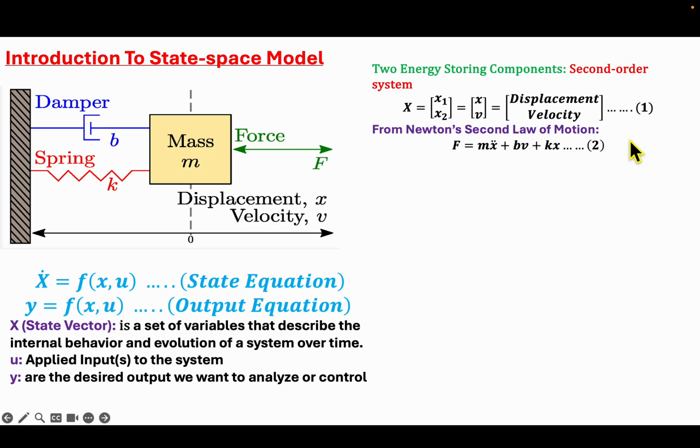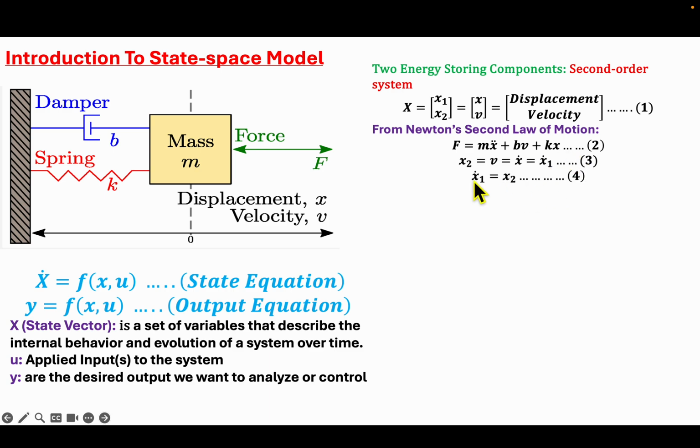From Newton's second law of motion, we know that the applied force is equal to the mass times acceleration plus the damping coefficient times the velocity plus the spring constant times the displacement. From 1, we know that x2 is v, which is the first order derivative of the position or displacement, which is equal to x1 dot.